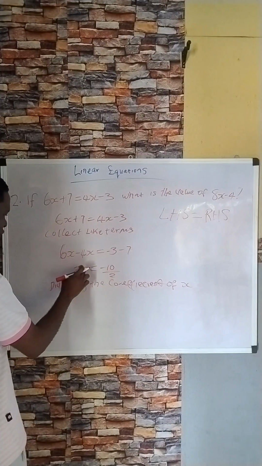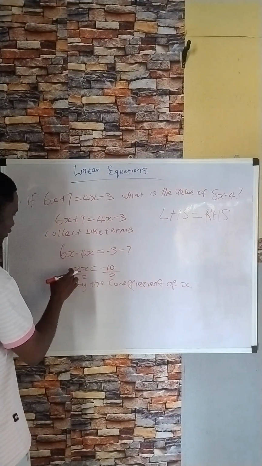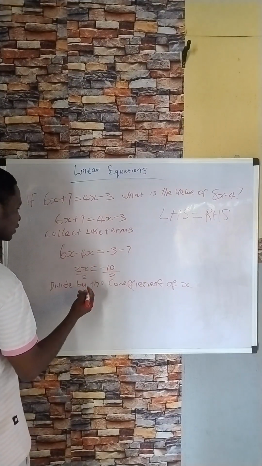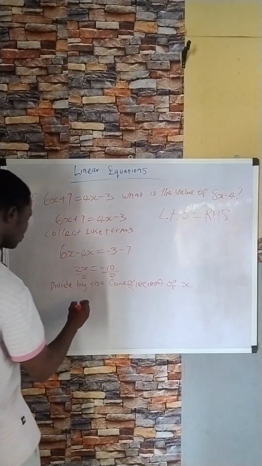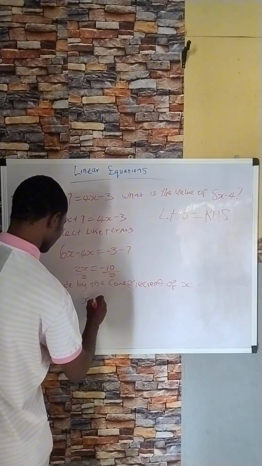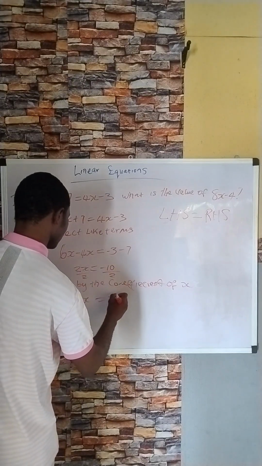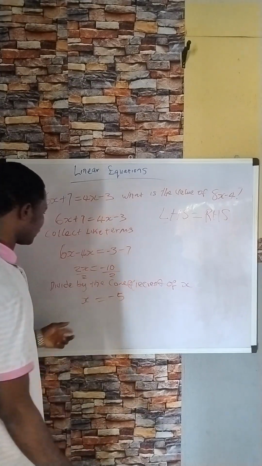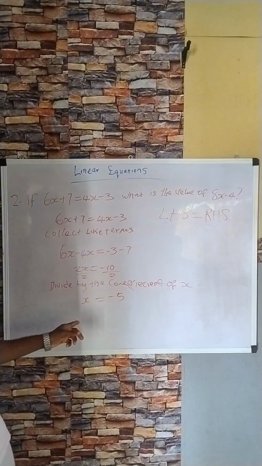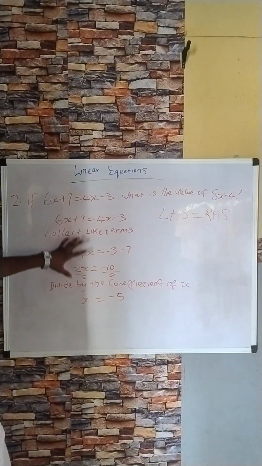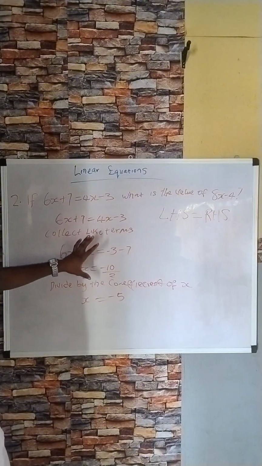The number attached to x is the coefficient of x. We divide here, so x becomes the subject of this formula. Negative 10 divided by 2 will give you negative 5, and negative 5 is our final answer for this. This is how you solve this kind of linear equation.